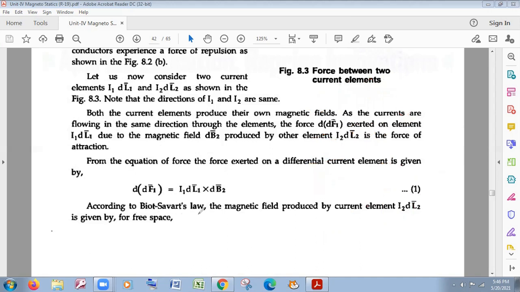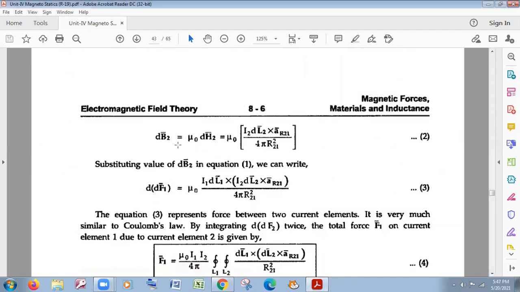According to the Biot-Savart law, the magnetic field produced by the current I2 dL2 bar in free space is given by B2 equal to mu naught into H2 bar. Now taking the differential, dB2 bar is equal to mu naught into dH2 bar.